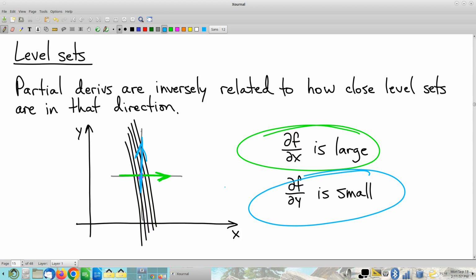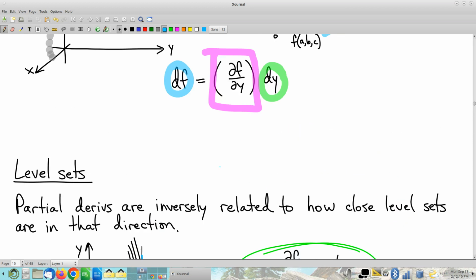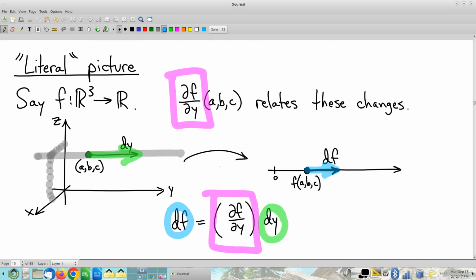Does that make sense to everybody? So looking at the picture gives me some information about the behavior of the function. Not all, but some. All right, so totally different from a slope, totally different from this relationship: different pictures in different contexts.